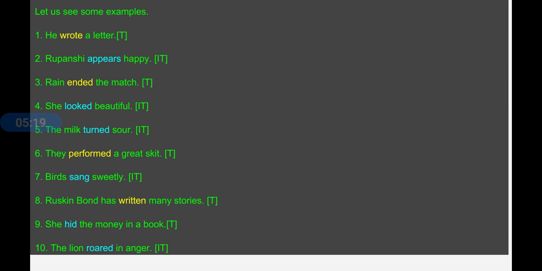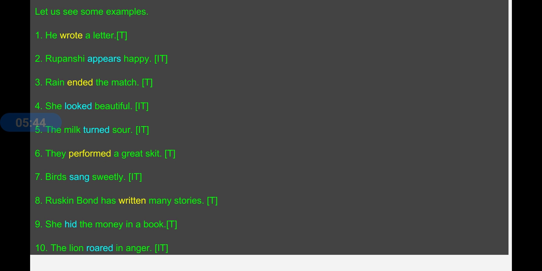Now, let us see some examples of transitive and intransitive verbs. He wrote a letter. What is the verb here? Wrote. What did he write? A letter. So a letter is the object and the verb is transitive.